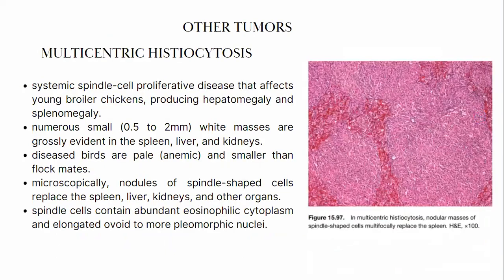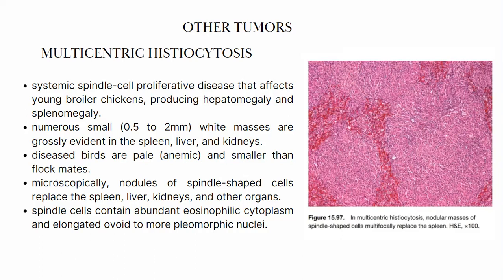Next. For the other tumors, we have multicentric histiocytosis. Multicentric histiocytosis is a systemic spindle cell proliferative disease that affects yung mga young broiler chickens na nagpo-produce din ng hepatomegaly and splenomegaly.